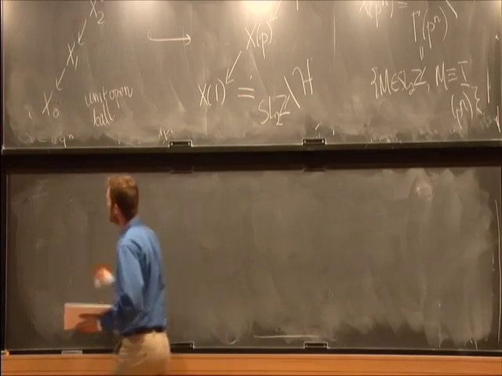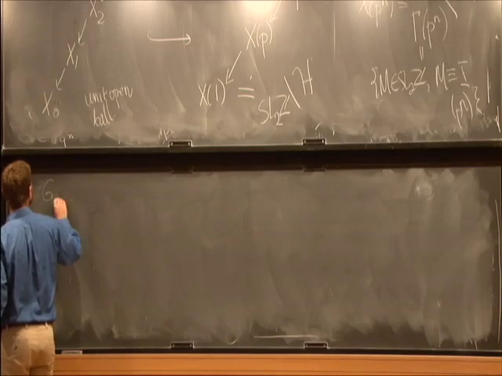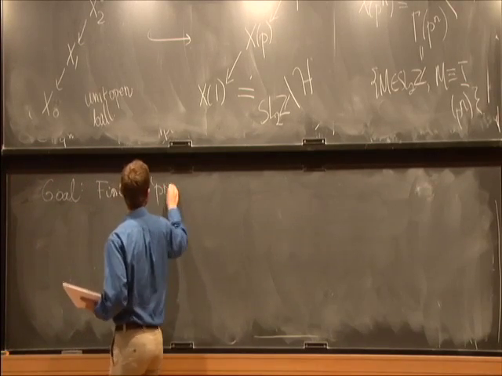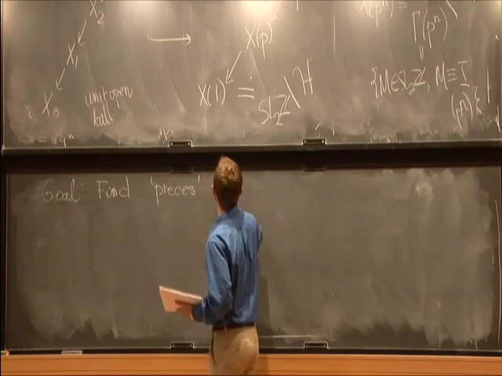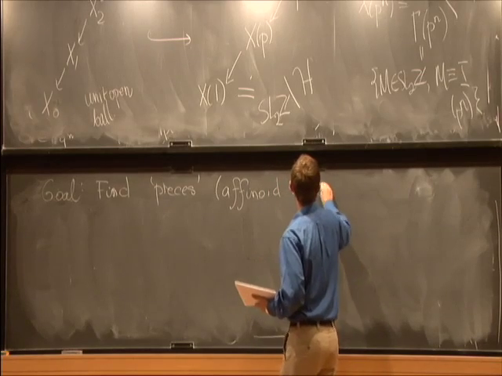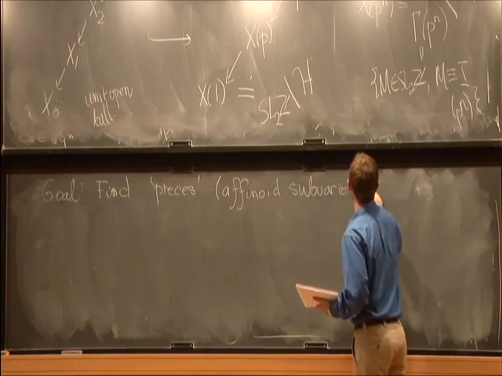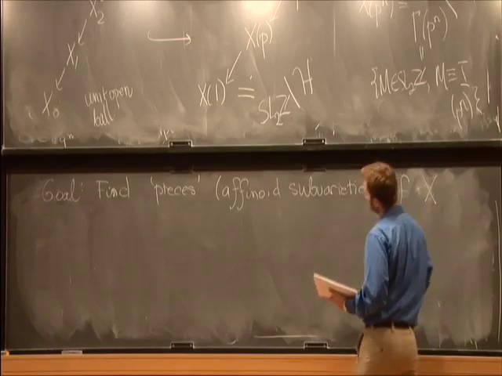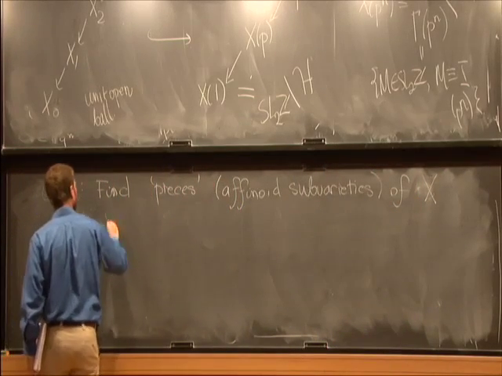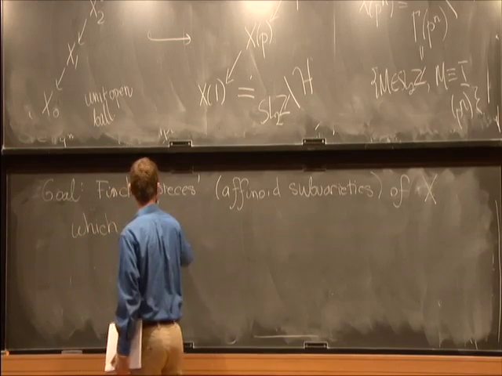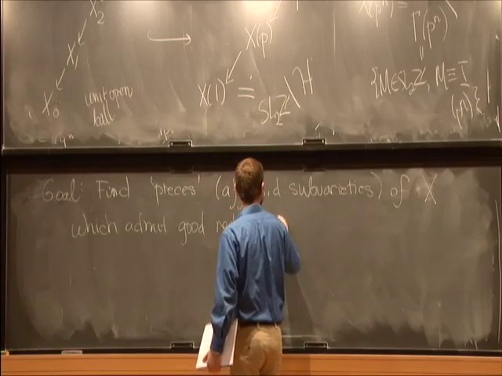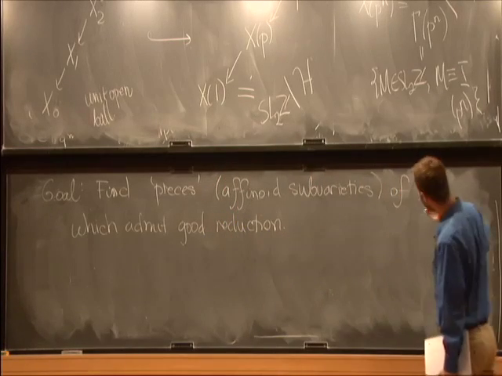My goal is to find pieces, and by pieces, the technical term is affinoid subspaces or subvarieties of X, which admit good reduction. I'll just say a few words about this.